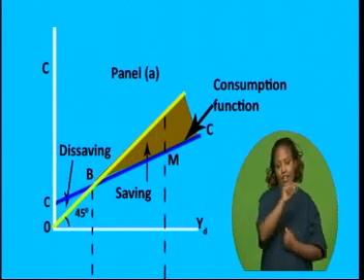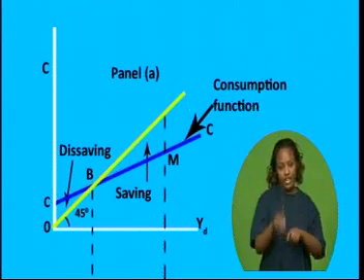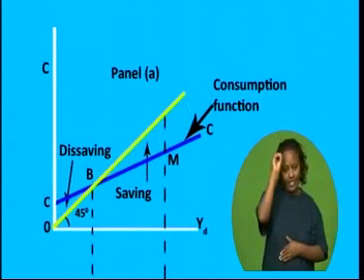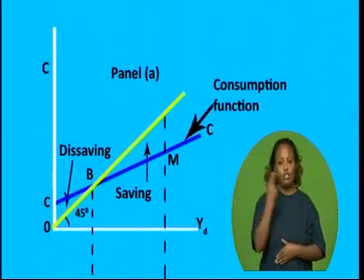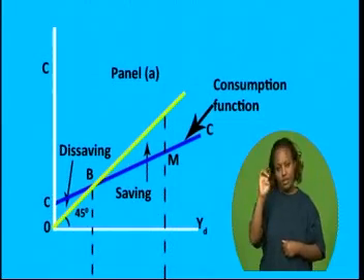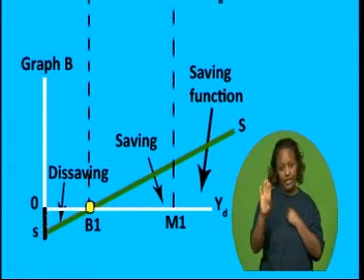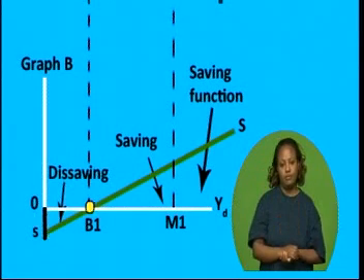The saving line is derived by transferring the vertical distance between the 45-degree line and the consumption line from the top panel, or panel A, to the bottom panel, or panel B, of the exhibit.